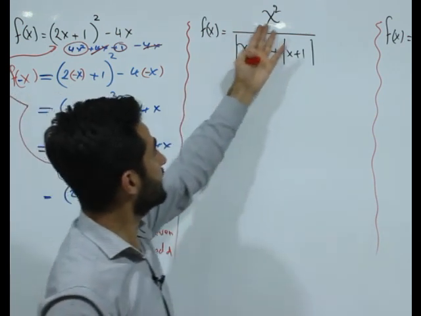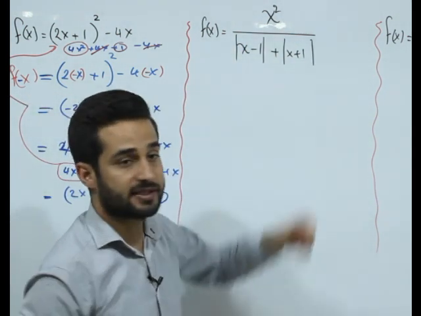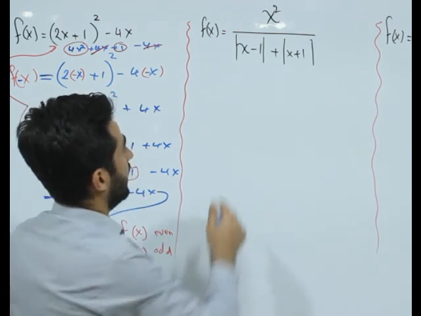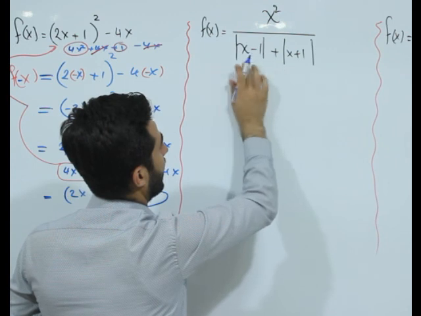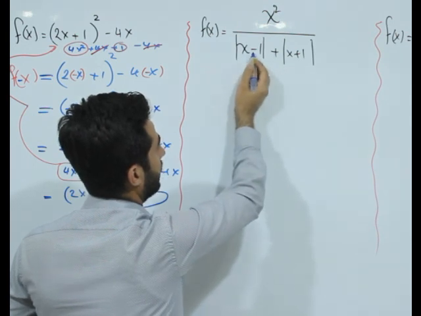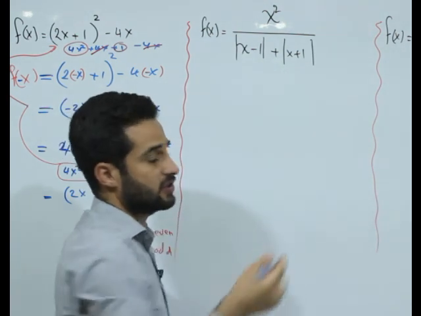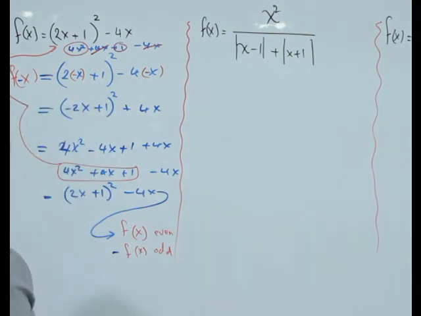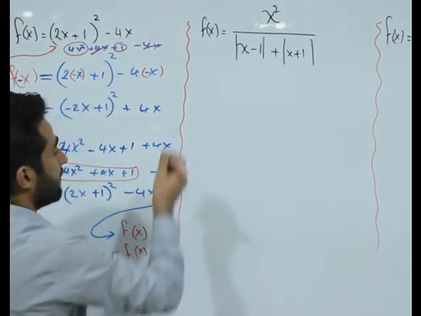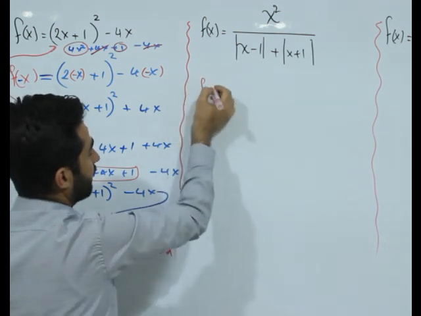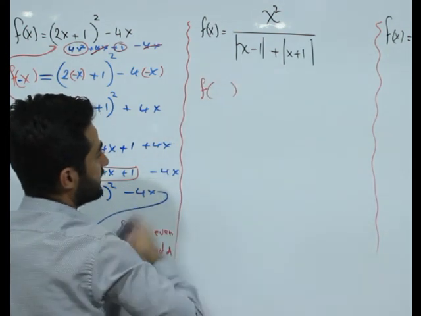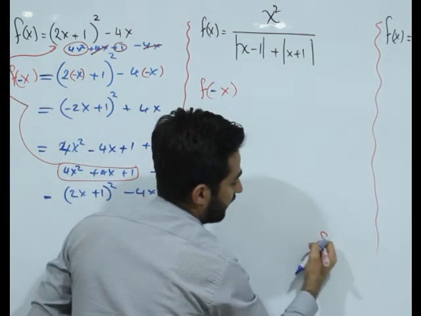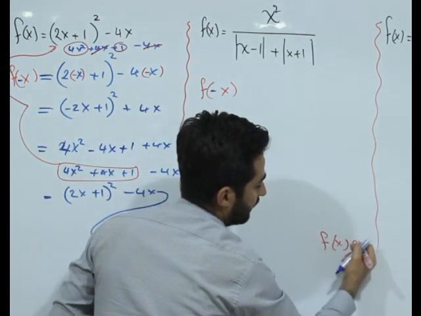This one, guys, x squared times the absolute value of x minus 1 plus the absolute value of x plus 1. Inside this absolute value, we have a mixed polynomial, so we will decide this is not symmetric with respect to the y-axis or origin. But if we use the rule f of minus x, and if at the end we get f of x, it's an even function.